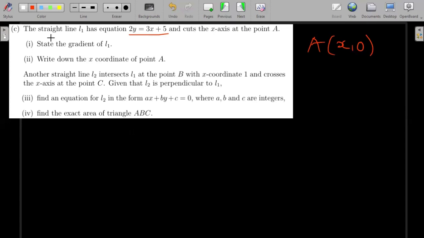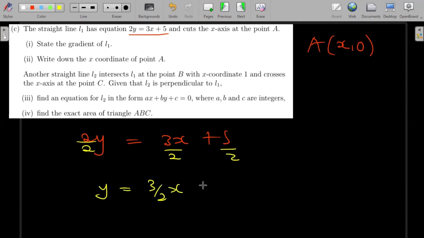So the first question they're saying is find the gradient of L1. So we have 2y is equal to 3x plus 5. We're just going to divide throughout by 2 like this. So what do we have? y is equal to 3 over 2 x plus 5 over 2.